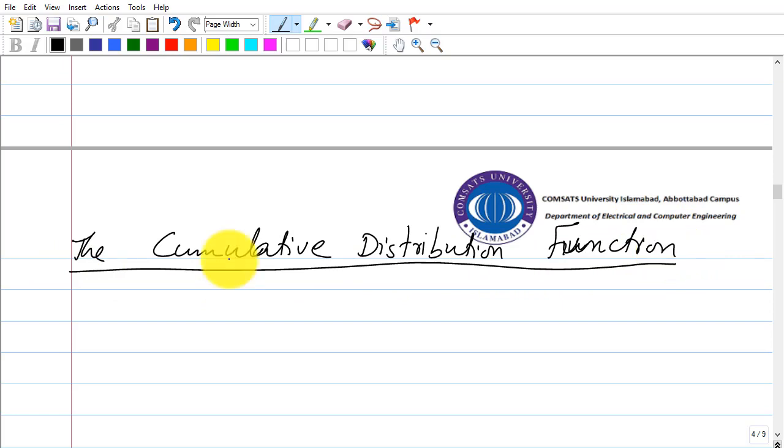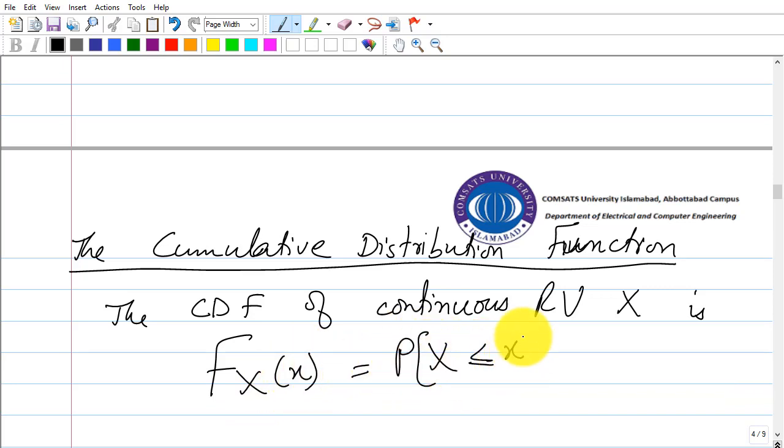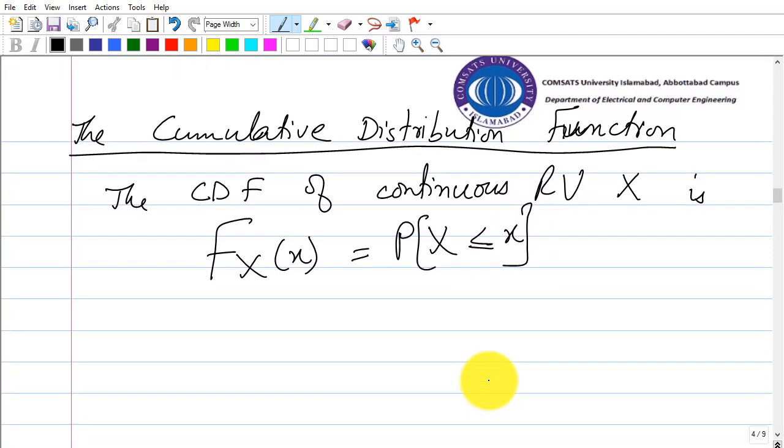So the basic definition: the CDF of a continuous random variable X is, we can see, exactly the same relation as we have seen for the discrete random variable.